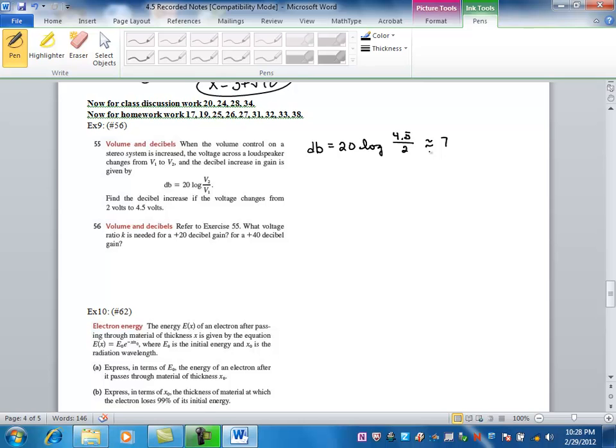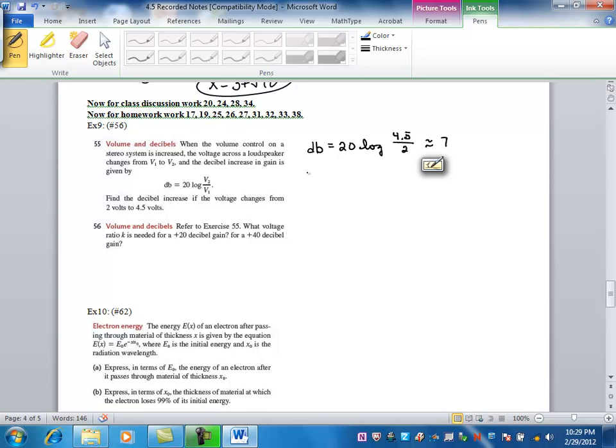They want us to refer to the exercise we just worked. It says what voltage ratio K is needed for a 20 decibel gain and then for a 40 decibel gain. Well, let's see what we need here. We want a 20 decibel gain.